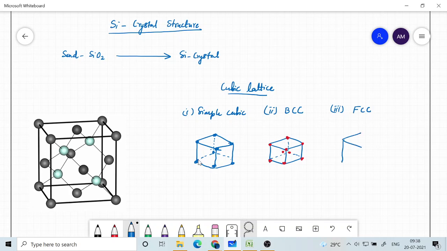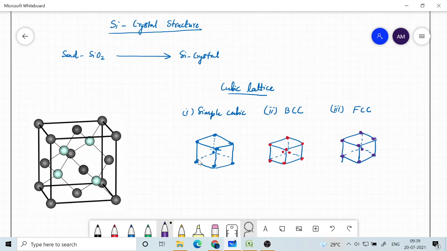And then we have what is called as FCC. Again you consider a cube and then put atoms at the corner. So there are 8 atoms at the corner, and in addition to that you have atoms sitting at the center of each face.